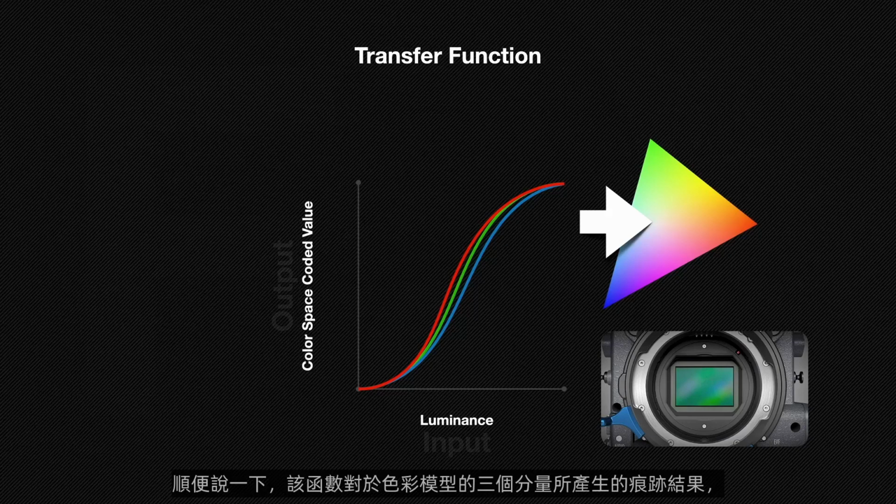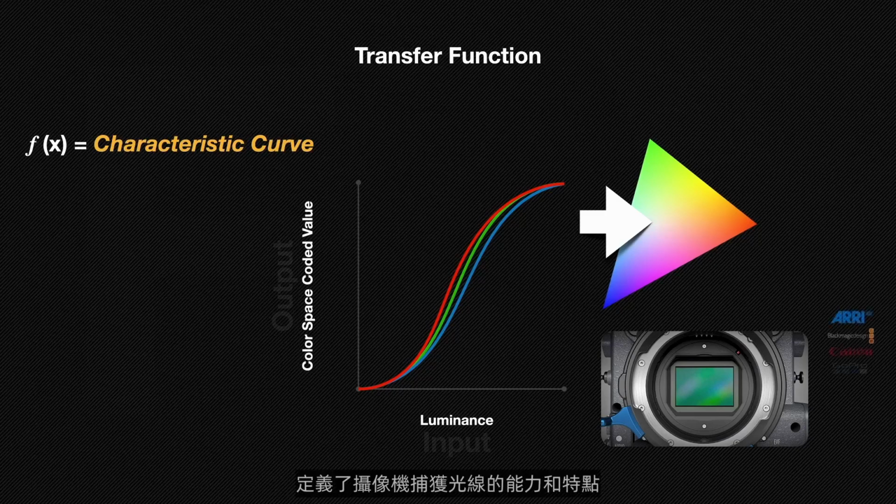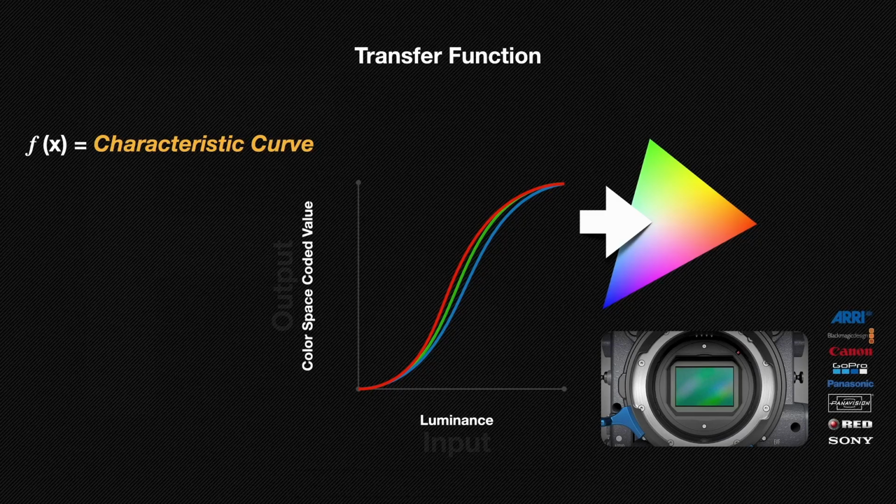By the way, the trace resulting from that function for all three components of the color model is known as the characteristic curve and defines the ability and features of the camera to capture light, which means the characteristics of that particular digital camera or any other particular capturing device.